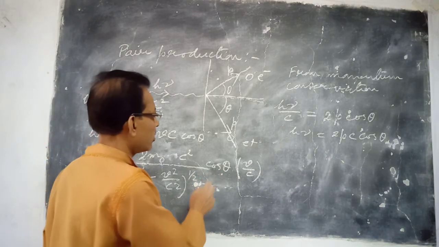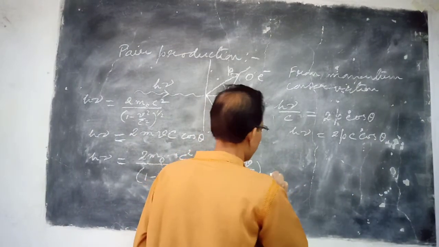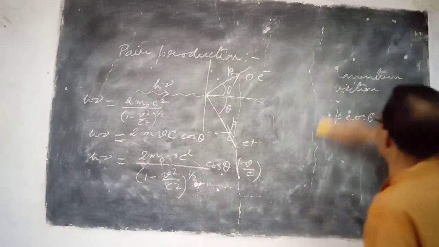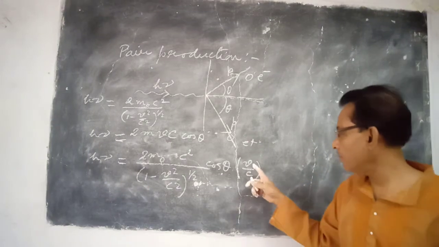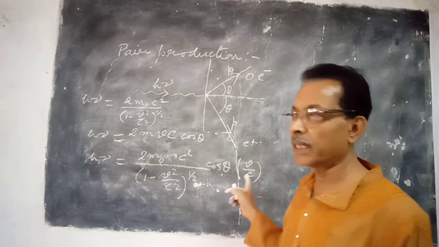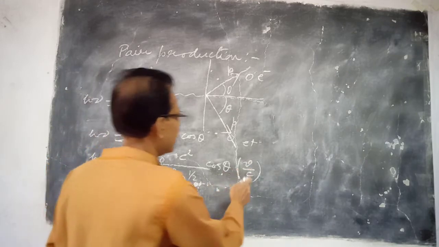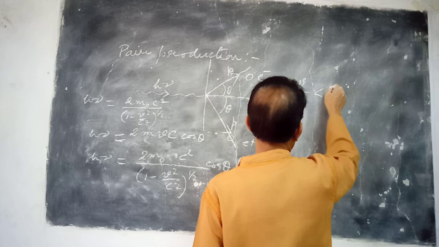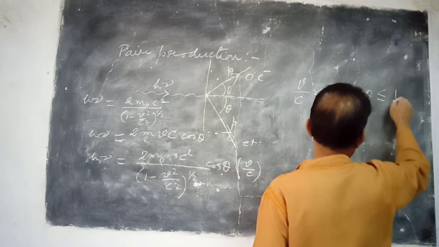Now, the value of cos theta varies from 0 to 1, it is less than or equal to 1, and the velocity of the particles created is less than the velocity of light, because there are no material particles which can move with the velocity of light. So v is always less than c, and here v by c is less than 1. Also cos theta is less than or equal to 1.